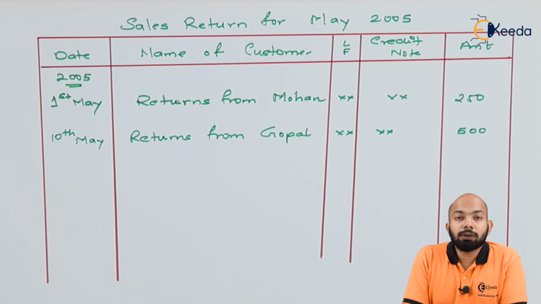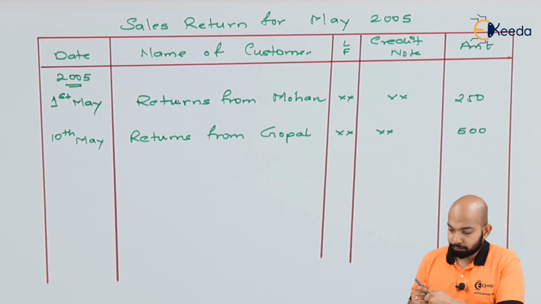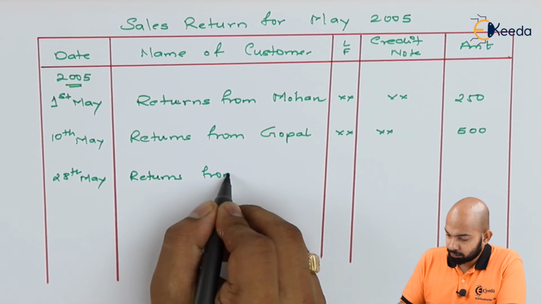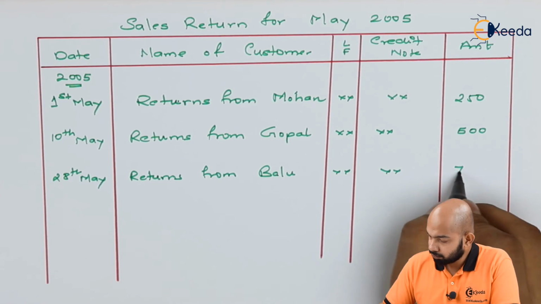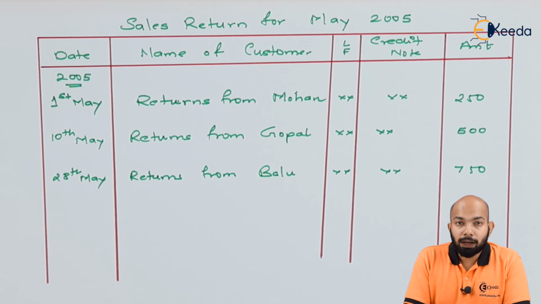Tenth of May, there were certain returns made by a customer Gopal valuing rupees 500. Now the last transaction will be recorded down here. Now the last transaction has also been recorded, whereby there is a return from a customer named as Balu, and the amount is rupees 750.